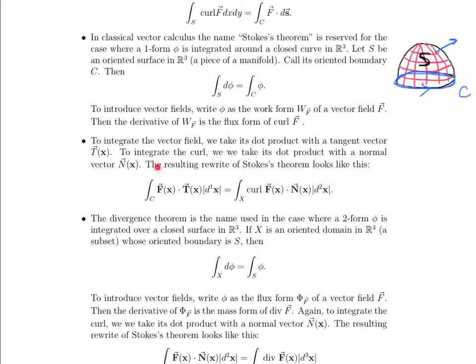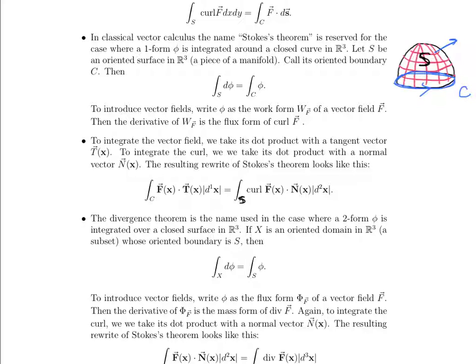What was on the right-hand side is now on the left-hand side down here. What was on the left-hand side is now on the right-hand side down here. But to compute this integral on the right-hand side, we take F and dot it with a tangent vector, of course, all in terms of the parametrization. We take the curl of F and dot it with the normal vector. I've drawn one on here, all in terms of the parametrization as well. This should be named S instead of X, sorry, to keep our names straight.